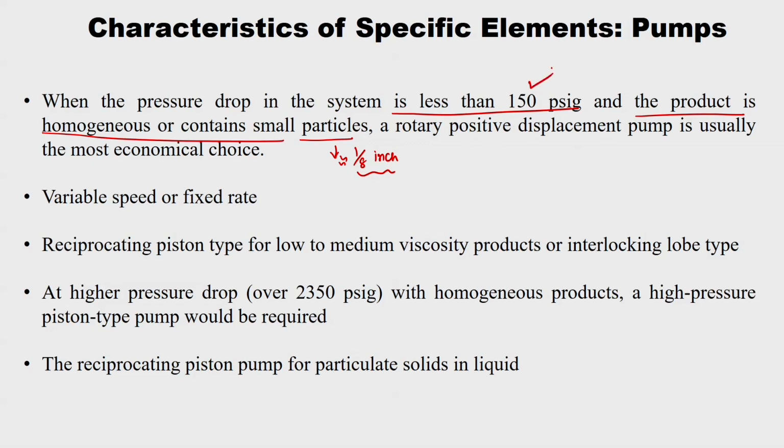And the variable speed or fixed rate, this I have already mentioned, either you can choose one of the categories. Reciprocating piston type for low to medium viscosity products, or interlocking lobe type.